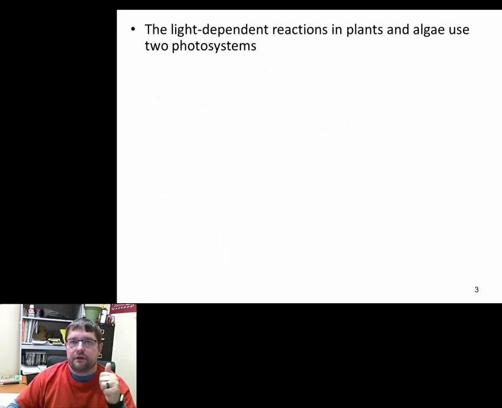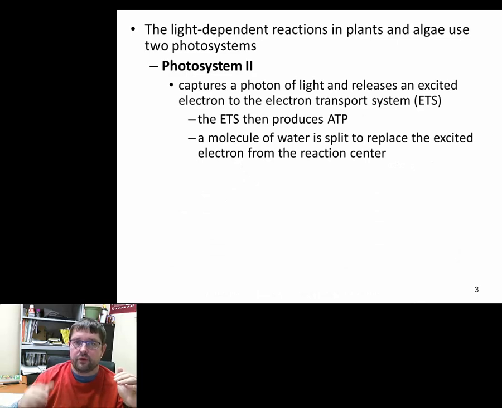So again, in light-dependent reactions, that's what we're talking about. So we're talking about reactions that occur when photons are present. There are two systems, Photosystem II, and this is where a photon is captured. It releases an excited electron.